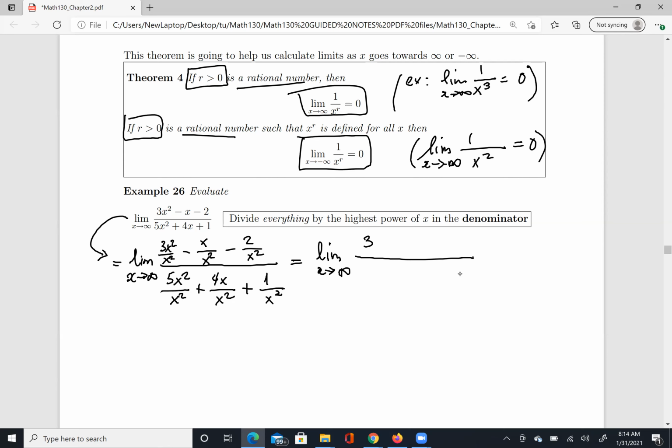Now let me come back to this step. Simplifying, the next term is 1 minus 1 over x, and the next one is 2 over x squared.